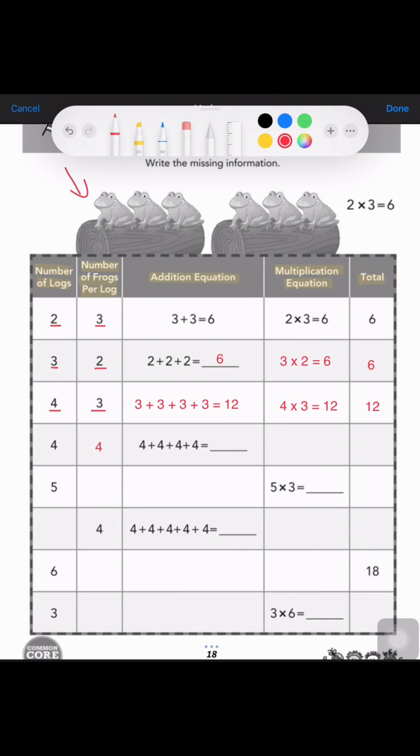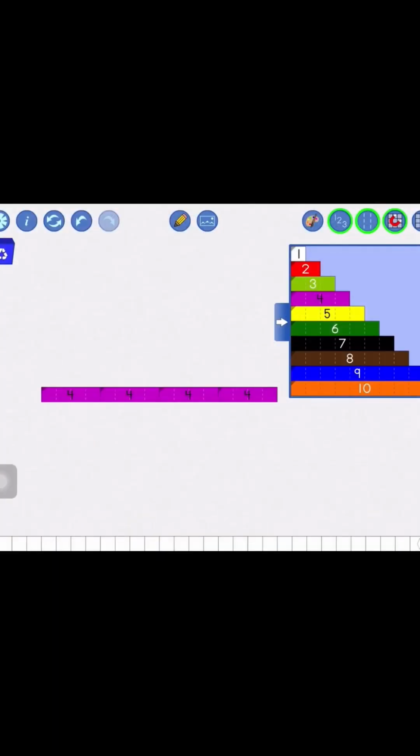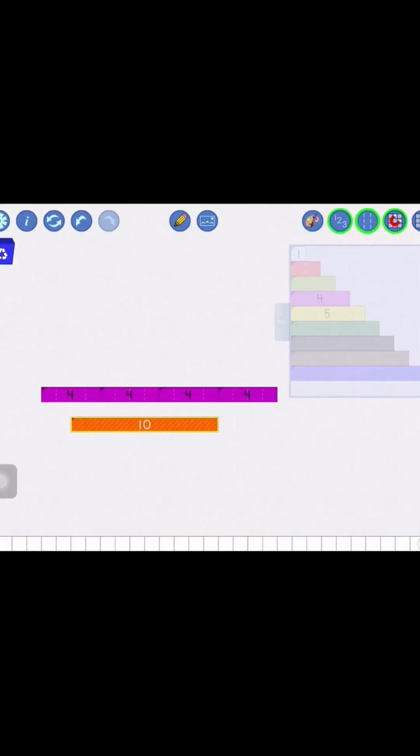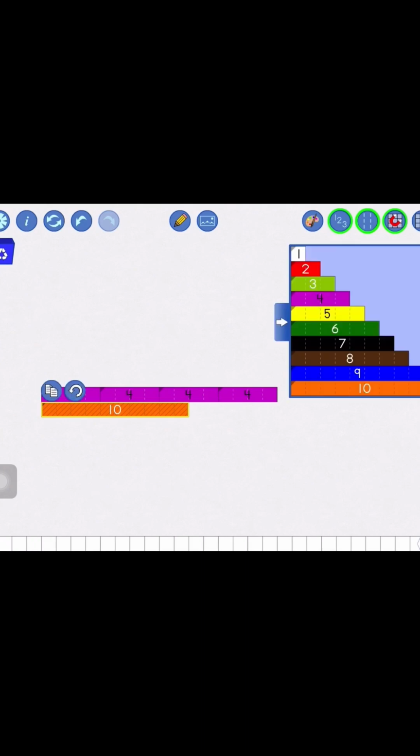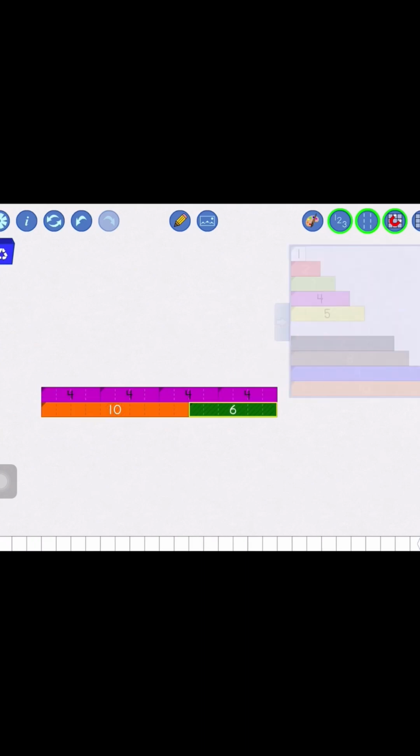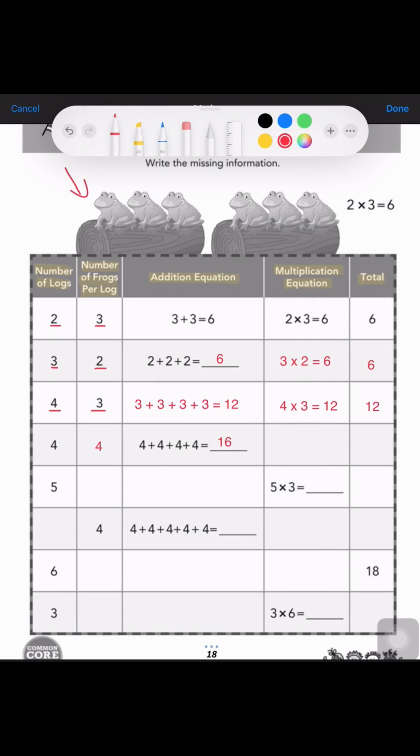Next question, there are 4 logs, and there are 4 frogs on each log. So 4 plus 4 plus 4 plus 4 equals 16. Or the multiplication, 4 times 4 equals 16, and the total number is 16. Next question, there are 5 logs, but we don't know the number of frogs per log.